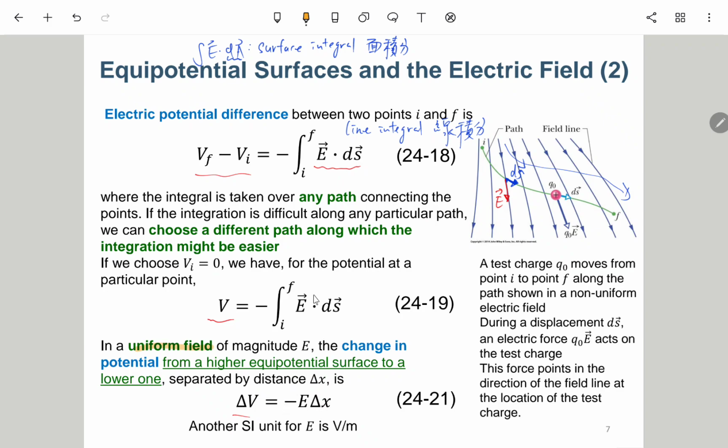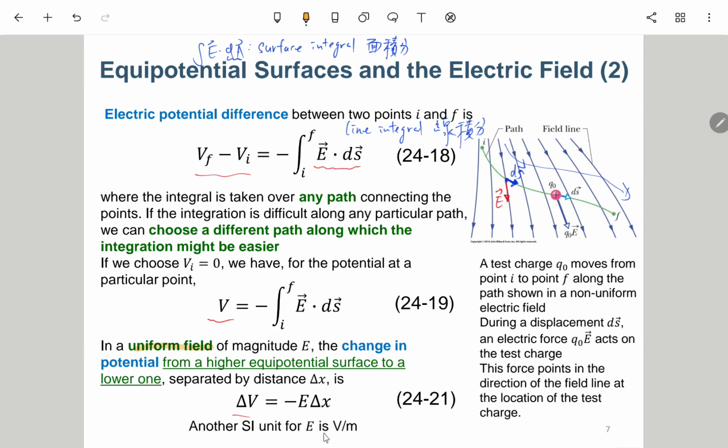So this line integral, if E is uniform and E has the same direction, or you can just count the x-axis component and y-axis component, then it shrinks down to a multiplication. 就是如果是 E 是均匀的话，而且 E 如果比如说跟你考虑的方向是平行的，或者是你只考虑 E 在那个方向的投影的话，它就变成一个简单的乘法，就是 delta V 等于 negative E 乘以 delta x.